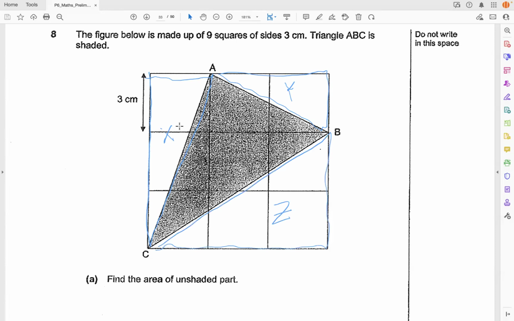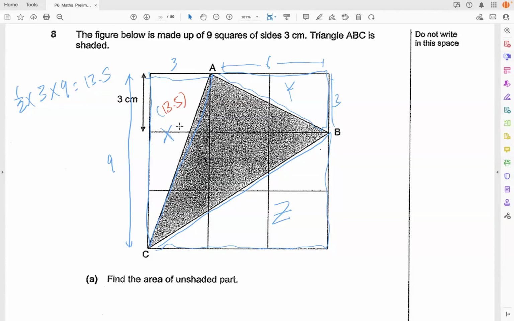Now, the area of triangle X is half times base times height. The base is 3, the height is 9. So half times 3 times 9, you get 13.5. Let me write it. 13.5. Now, triangle Y, this is 3 and this is 6.